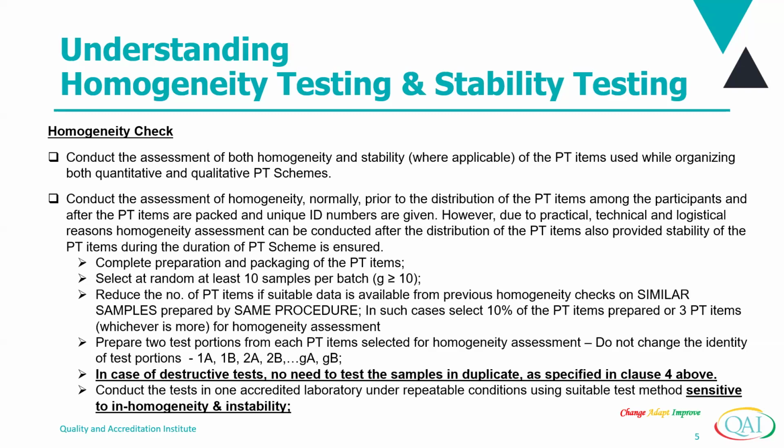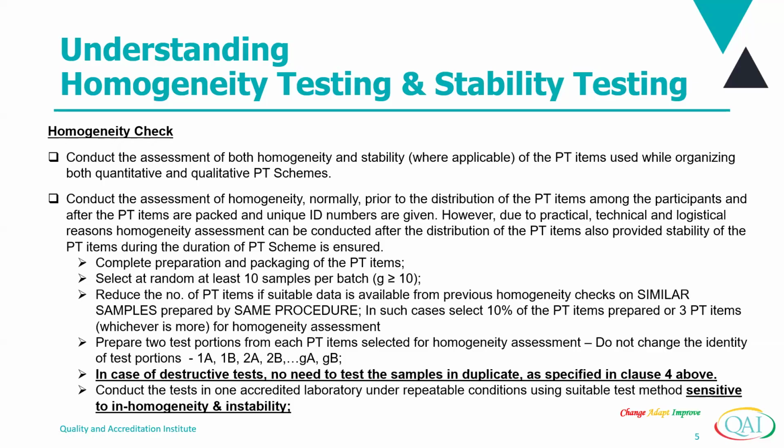Due to practical, technical, and logistic reasons, homogeneity assessment can be conducted after the distribution of the PT items, provided the stability of the PT items during the duration of the PT scheme is ensured. This is the requirement, and again, it depends on your PT scheme and the material. You have flexibility, but ideally the homogeneity should be performed before dispatching the material to the participants.